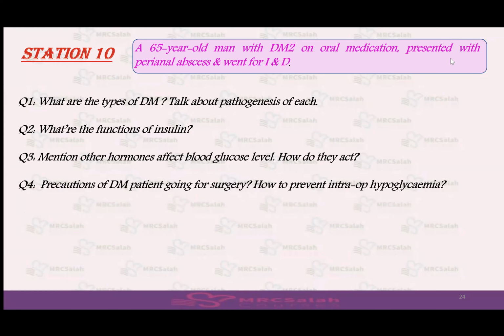What are the precautions for a diabetic patient going for surgery? In other words, how to prevent intraoperative hypoglycemia? Okay. Patients with diabetes should be prioritized in the operation list. Starvation shouldn't exceed more than one missed meal.